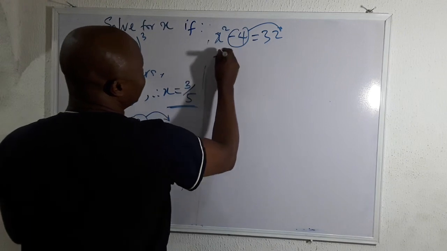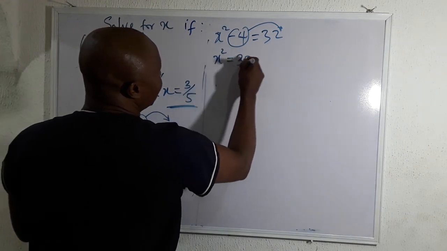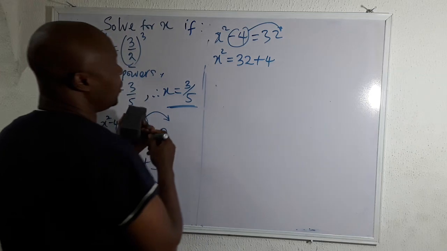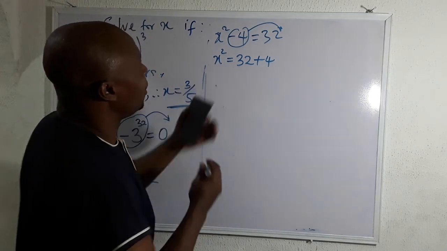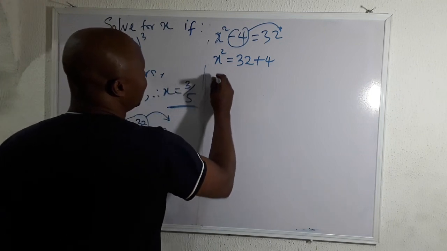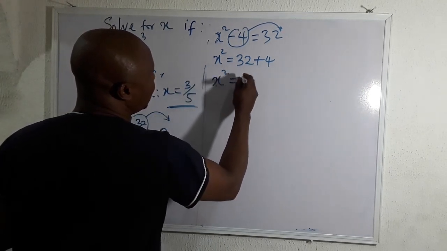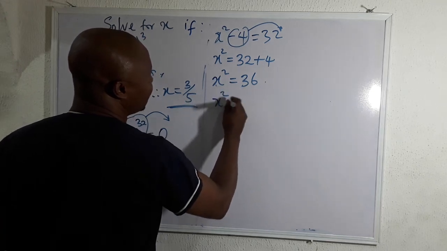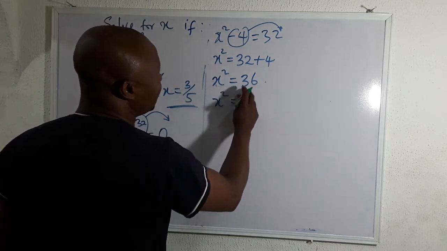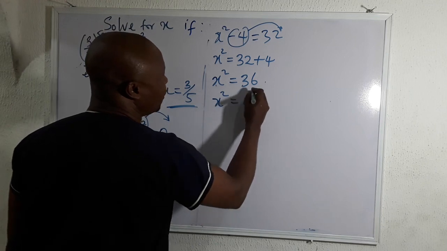So that will be x squared is equal to 32 plus 4. Now, 32 plus 4 is going to give us 36. So that is x squared is equal to 36. And 36 can be expressed as 6 raised to power 2. So that will be 6 raised to power 2.